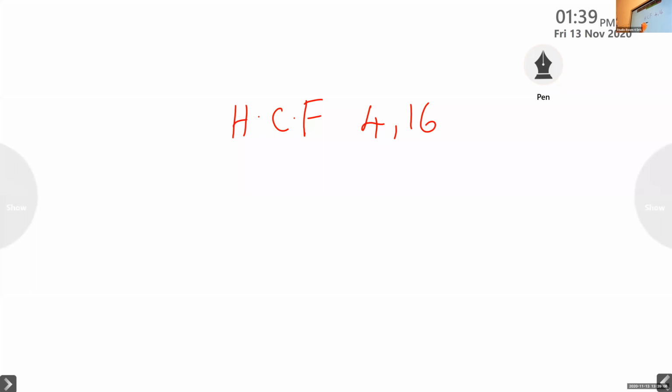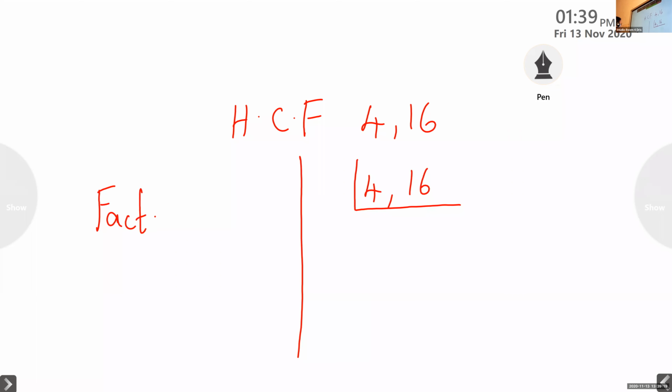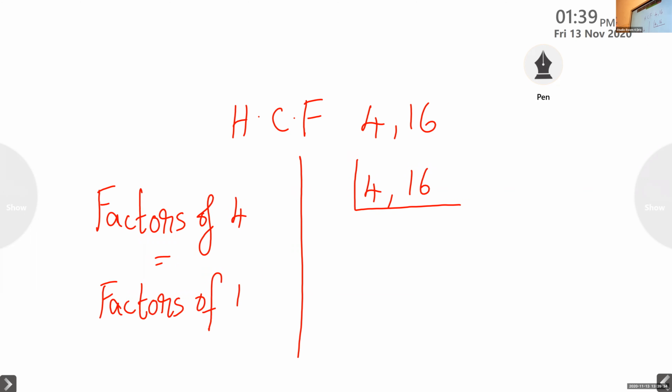I want you to do two methods: these two numbers together by division, and write the factors of 4 and factors of 16. All the children have to do these two methods. Then find out the common factors.